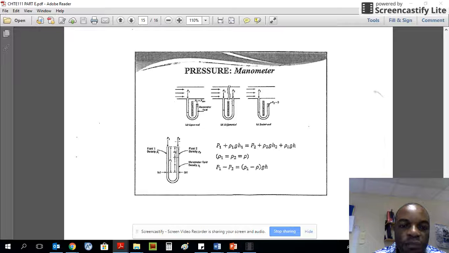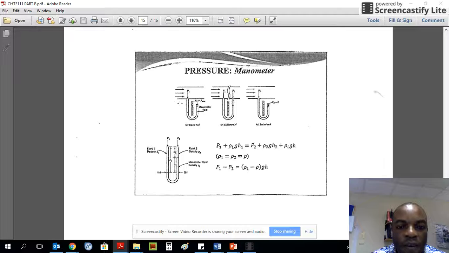When the liquid is pushed as the effect of pressure, it allows you to measure the difference of pressure between the two sides of your U-tube, taking into account or using the difference in distances.